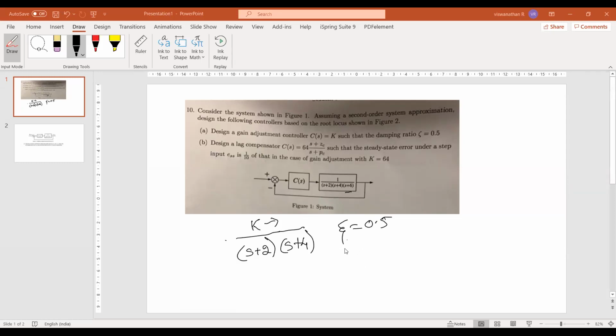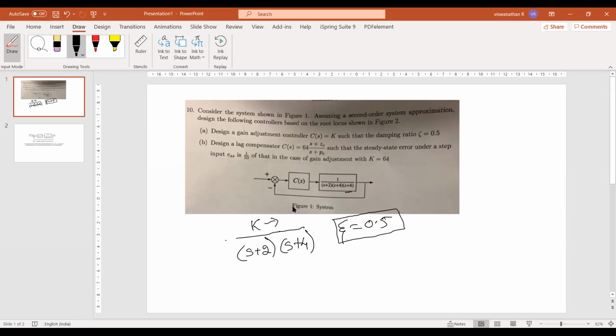We equate the equations. Okay, but there is a requirement given here: zeta is equal to 0.5. So there is an extra requirement given, zeta equal to 0.5.